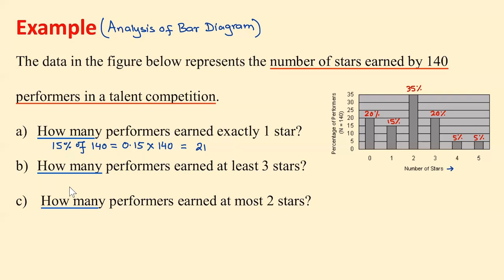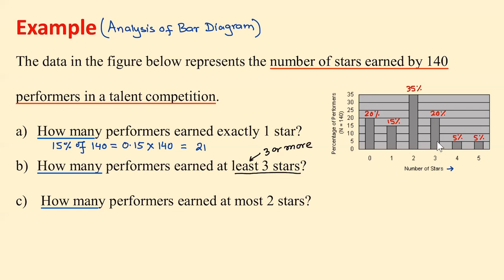Now let's look at part B. How many performers earned at least 3 stars? When we say at least 3, it means minimum of 3, that is 3 or more.